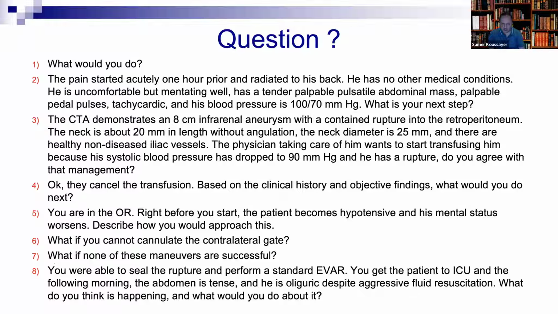So if the pressure is more than 20, let's say the pressure is 30, and all the organs are perfused, is this abdominal compartment syndrome or not? Yes or no? But he has no organ malfunction. The kidney is working, the heart is working, everything is working.